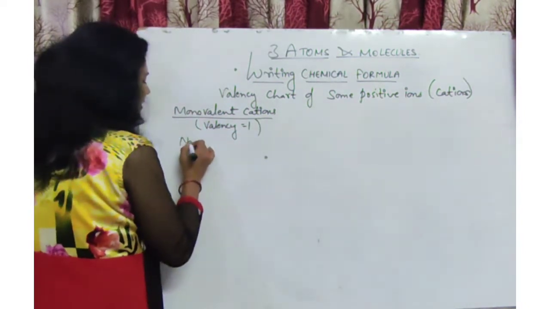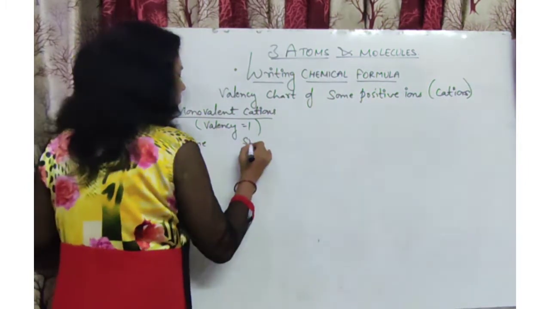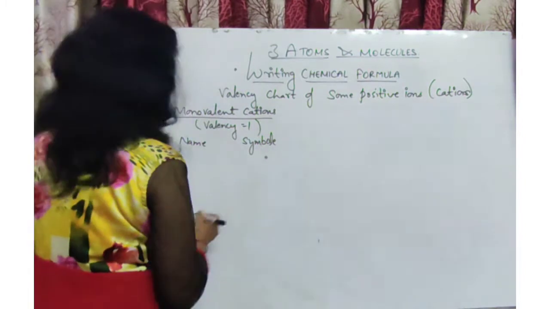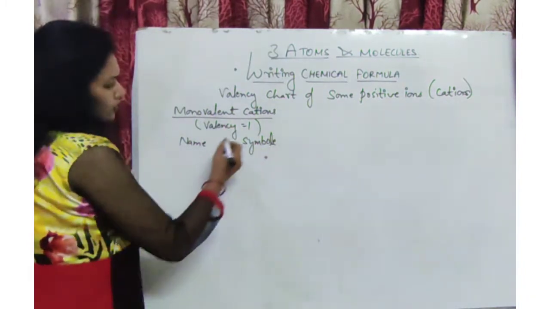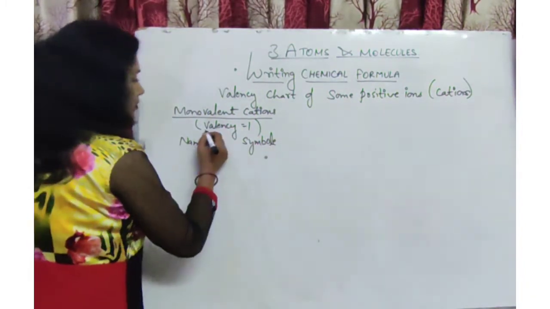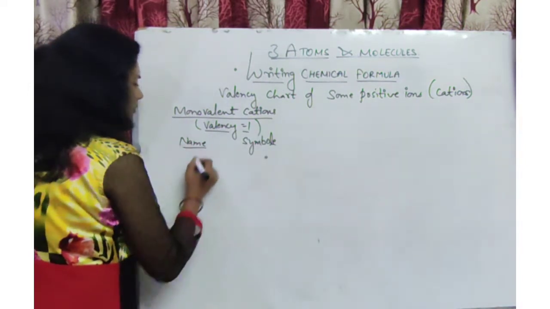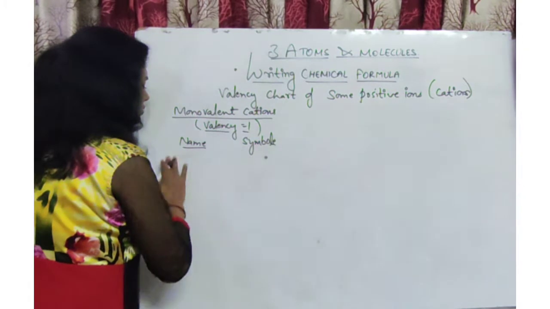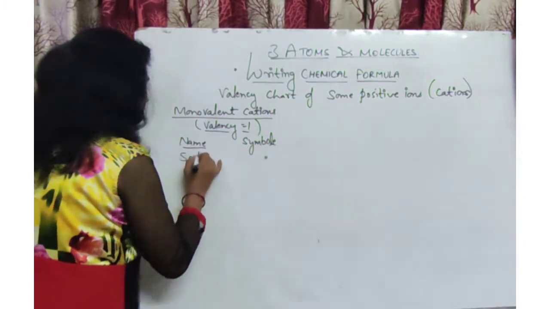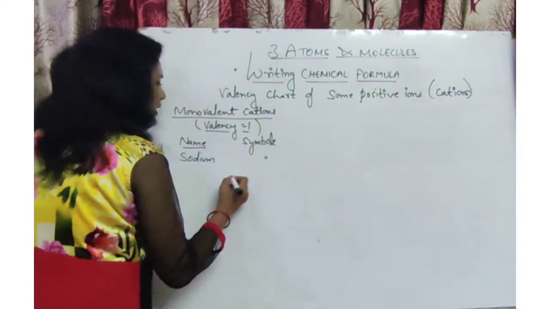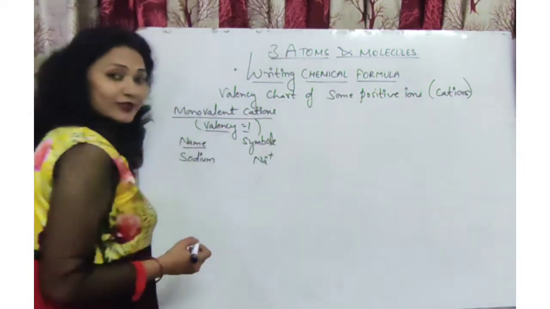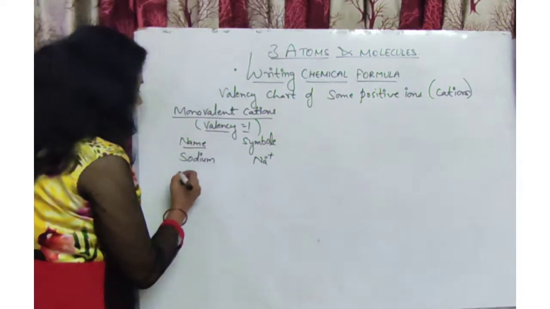Now here we will write the name, here the symbol of the element. Okay. So valency of 1, the name of the element is sodium. So we can write here sodium, whose valency is 1, Na positive, that will write like that.